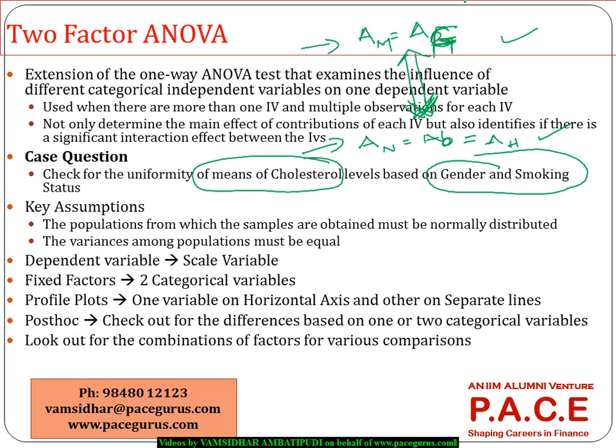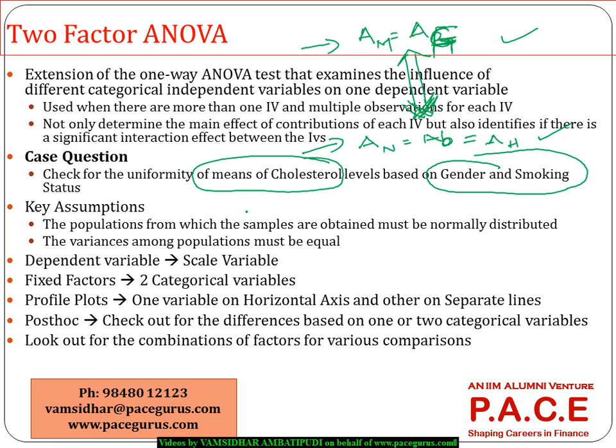That is what we call the interaction effect. The two independent variables will be factor variables itself, no covariates will be here.